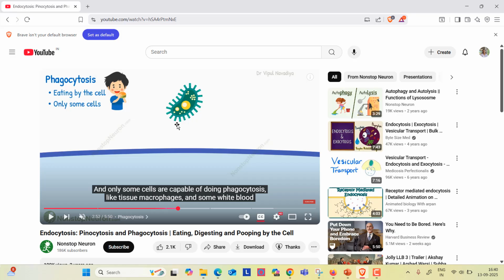Even 2 micrometer is considered a large particle inside our body. So you can imagine how our body works. Only some cells are capable of doing phagocytosis, like tissue macrophages and some white blood cells.